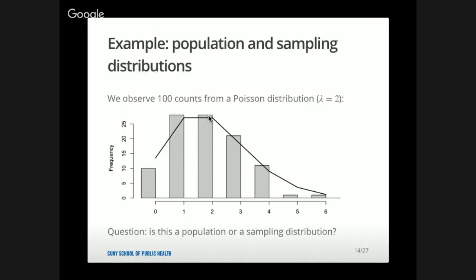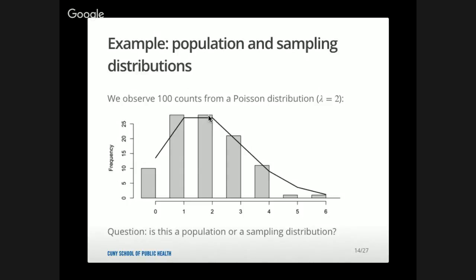So another example could be an RNA-seq experiment, and these are 100 genes, and the number of reads we observed for each of those 100 genes.